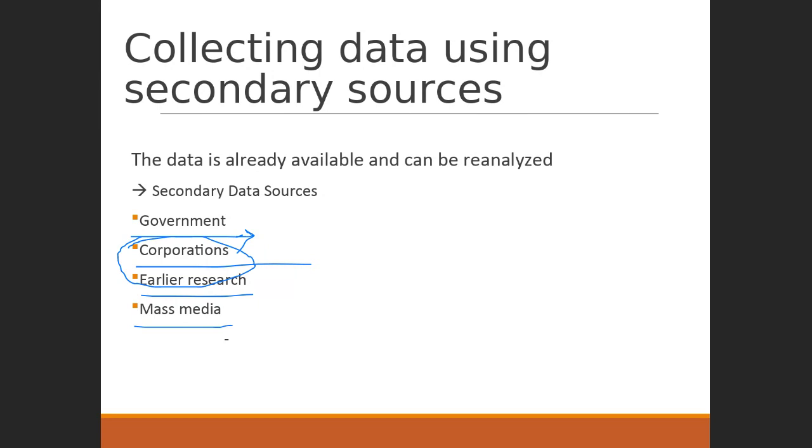Earlier research means research published on some topic, especially for some areas, for some topics, an enormous number of research studies that have already been published by other researchers can provide you with the required information. So this could also be a secondary source of data. Lastly, mass media can also be a source of secondary data.